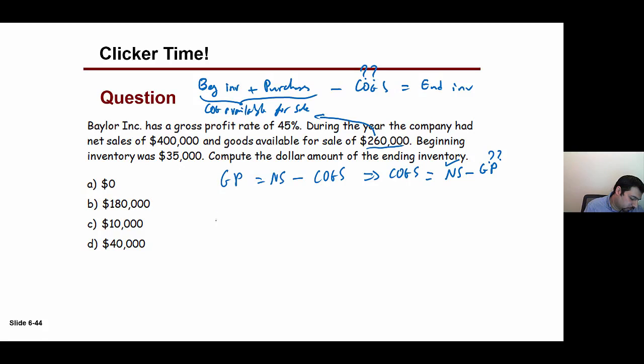We have the gross profit rate, which is given to us as 45%. It's equal to gross profit divided by net sales. So the gross profit will be equal to net sales multiplied by gross profit rate, which is 400,000 multiplied by 45%. That would be equal to 180,000.